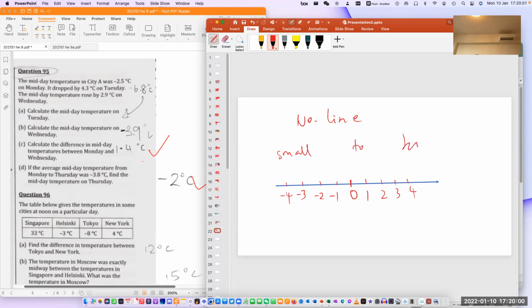Now with this number line, you can actually see that this is small, this is big. So how do you decide? Just now we have Monday is -2.5, so -2.5 will be here, degrees Celsius. And then Wednesday is -3.9, so it's somewhere here.